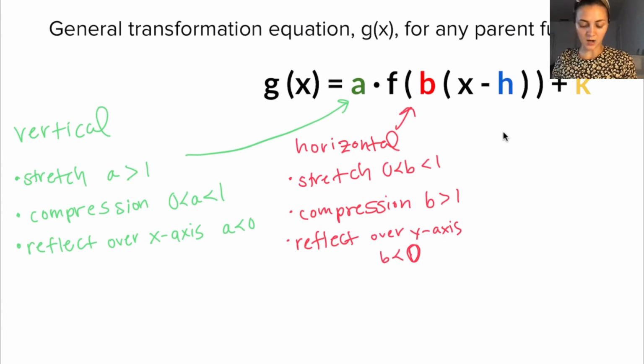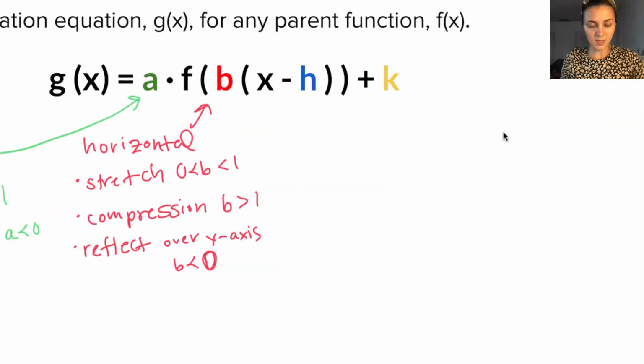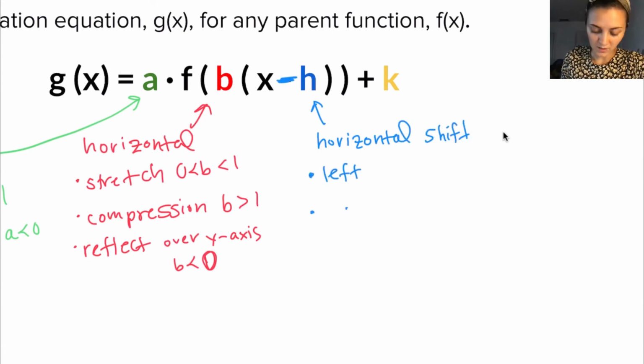H and K are my shifts. Because H is inside of the argument, this is a horizontal shift. And the horizontal shift will go left if H is less than 0, and right if H is greater than 0.